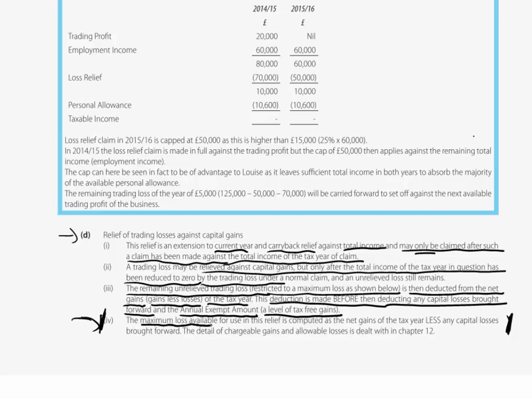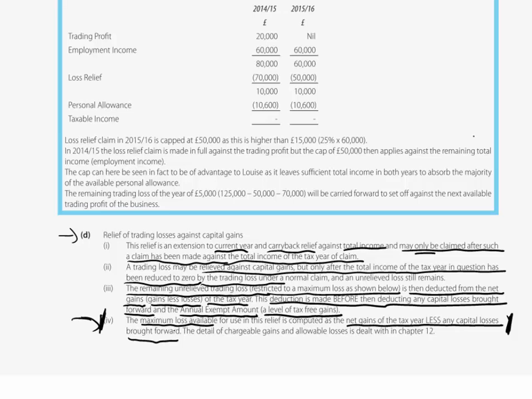The maximum loss available for use in this relief is computed as the net gains of the tax year less any capital losses brought forward. So, in our example, what were the net gains of the year? Well, there was only a gain of 44,000. Had there been losses, we would have deducted them. We have a net gain of 44.